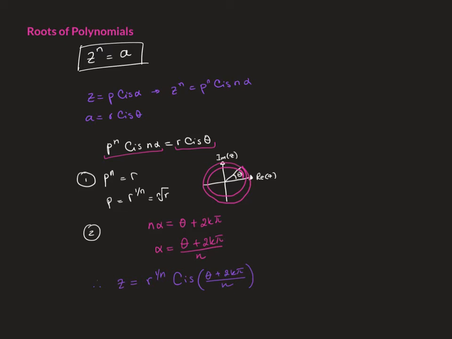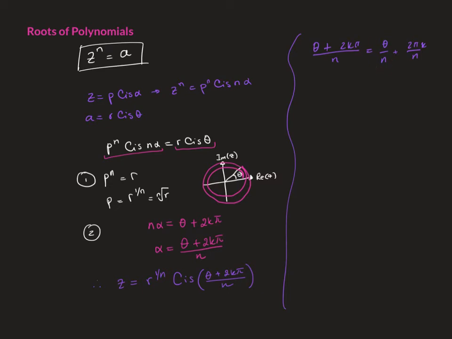So I'm going to take the argument, theta plus 2k pi over n, and distribute the n to write it as two separate fractions. If k starts at 0, then this term is going to be 0 and the angle is going to be theta over n.